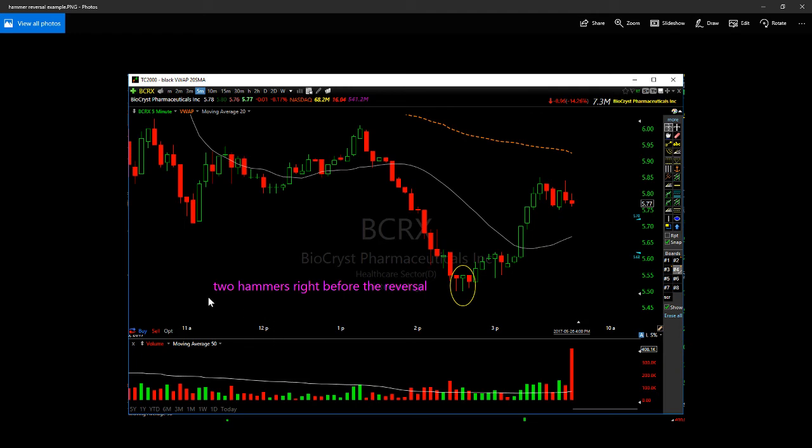Okay, as you can see here, I annotated a chart: two hammers right before the reversal, and there's actually three here. That was kind of a mistake, but whatever. You get a definite double bottom on this.